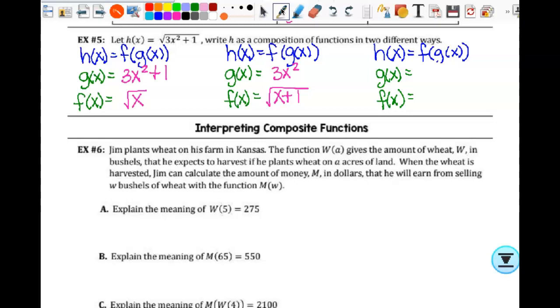Anybody come up with anything different? Go the other way. Or what? It wouldn't just be 3, because if I put 3 in there, then I would just have 3 plus 1 when I did that. Does that make sense? So that's a good thought.